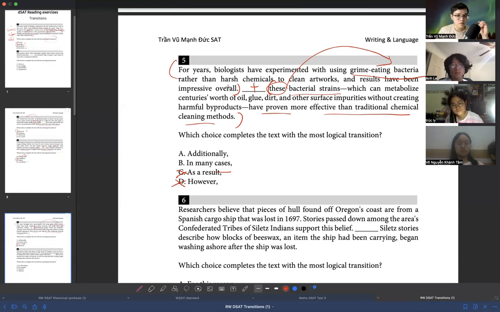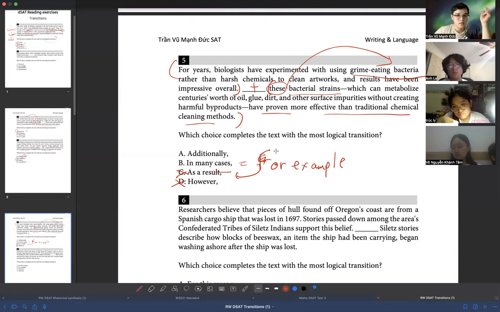If I were to cross out "in many cases," "additionally" might be considerable, but you have "in many cases" here. It won't be directly the same as "for example." In this context, it can't be "for example," but in some contexts it will be equal to "for example." They have every right to give "for example" as another option, and this would be wrong because in this case, "in many cases" and "for example" won't be directly similar to each other.